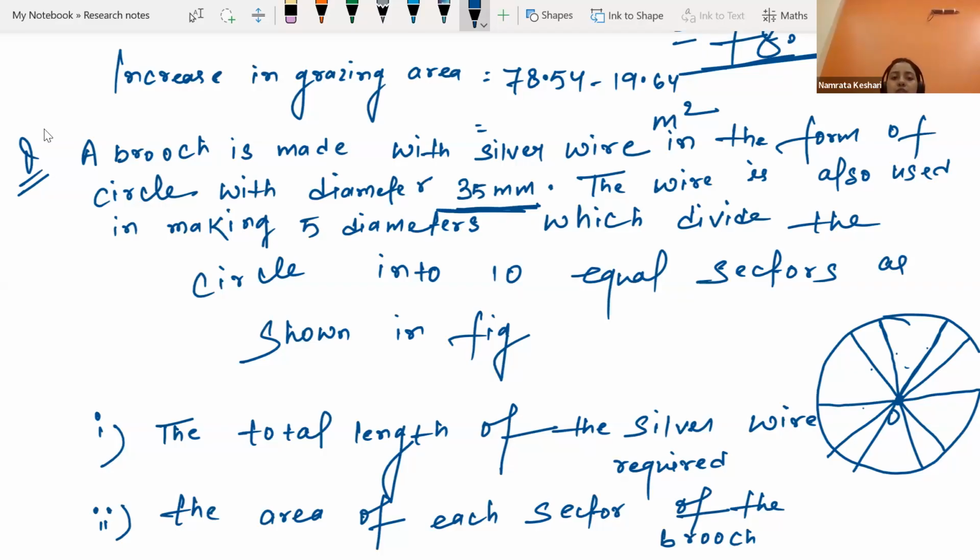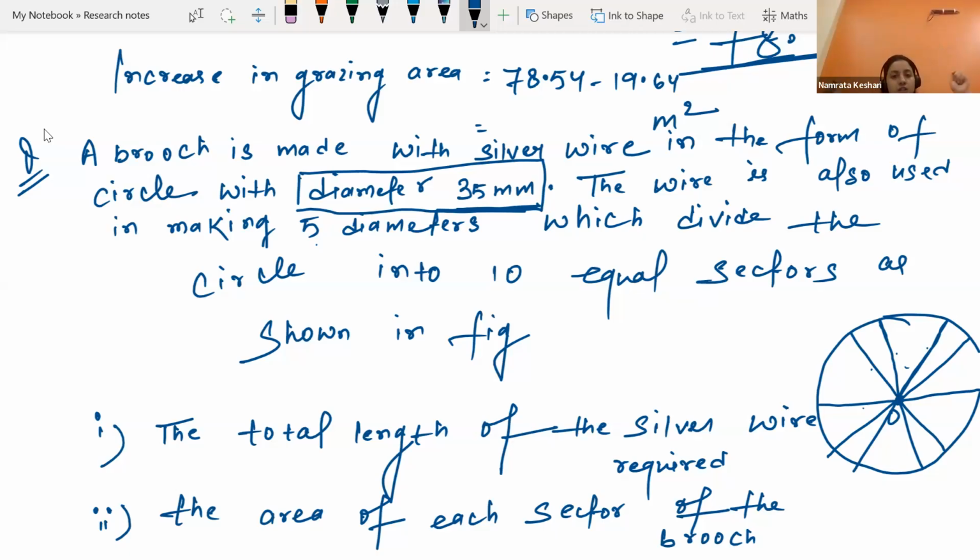The wire is also used in making 5 diameters. So basically we have a certain length of wire, and with the help of that wire we are making a circle, and then a part of the wire is left. So we are making 5 diameters inside the circle, 5 extra diameters.